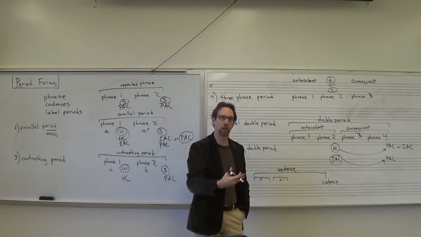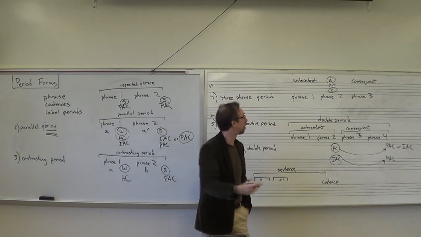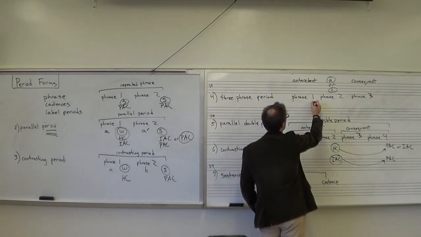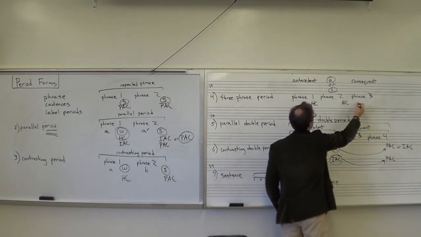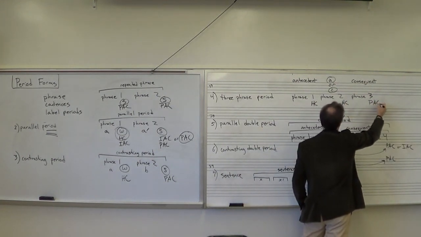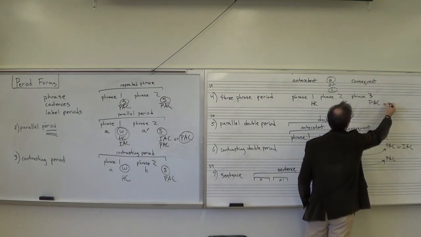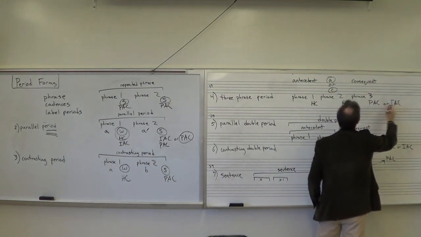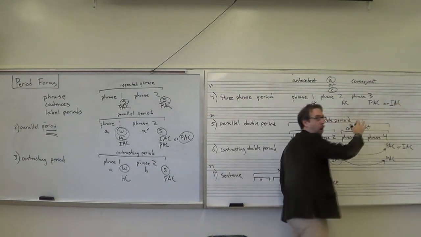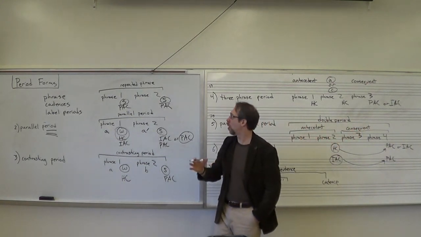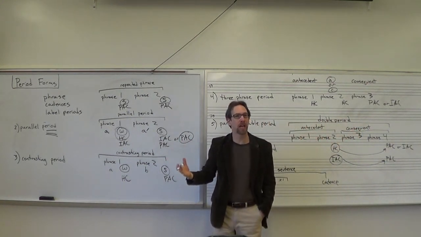So it's almost like question, answer, which would mean in terms of cadence, half cadence, usually a perfect authentic cadence, or possibly an imperfect authentic cadence. So weak, strong. Because if we go weak, weak, you can't call that a period.